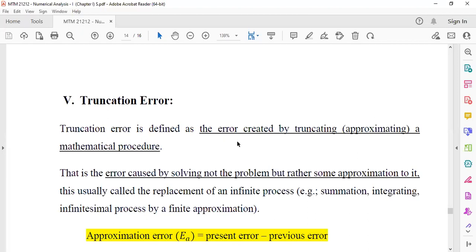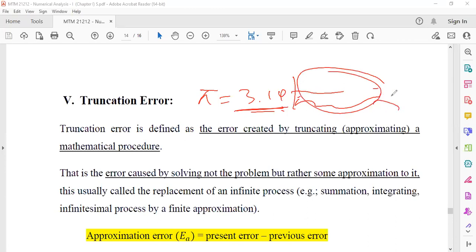For example, if there is an infinite number of values, like pi, 3.14 something, and we don't need this much, so we cut it, then this much error is included in our calculation. If you are approximating some values, it will bring some errors. That's what is called a truncation error in mathematical procedures.